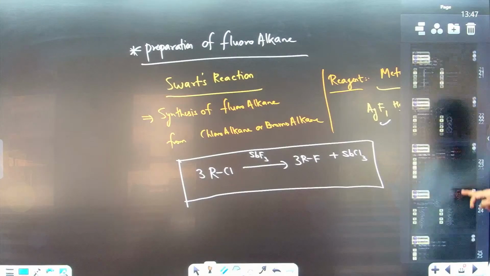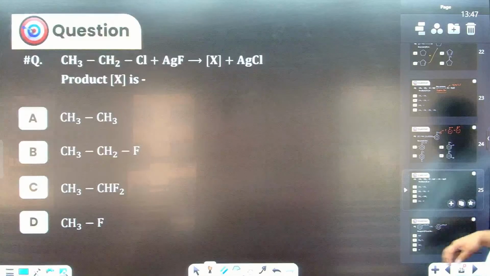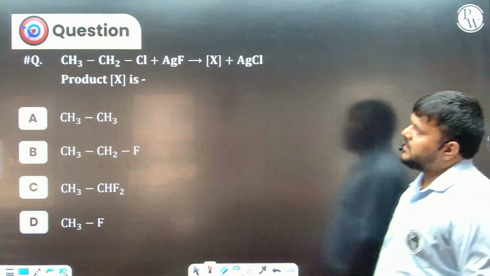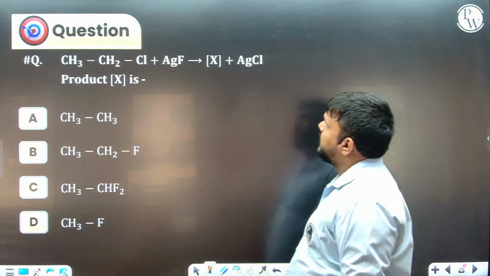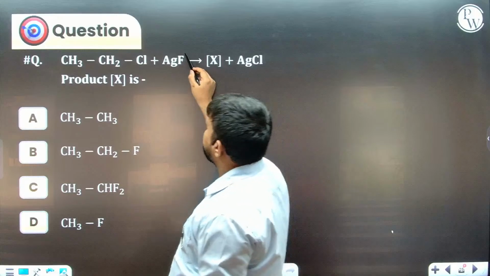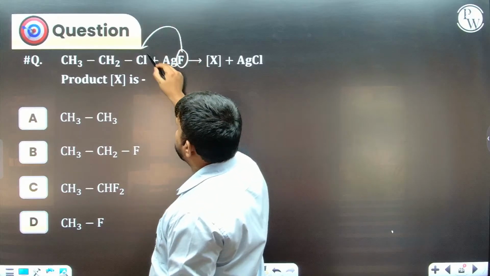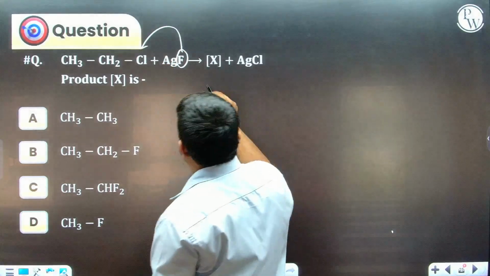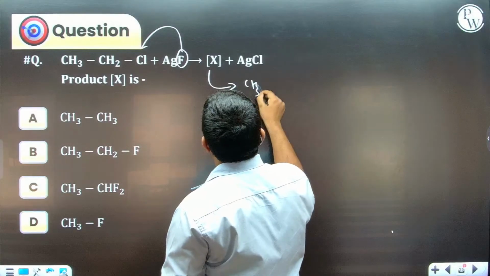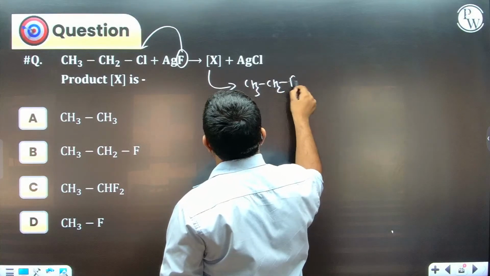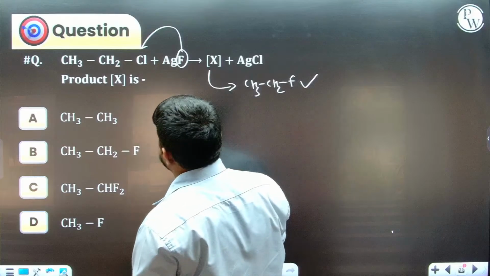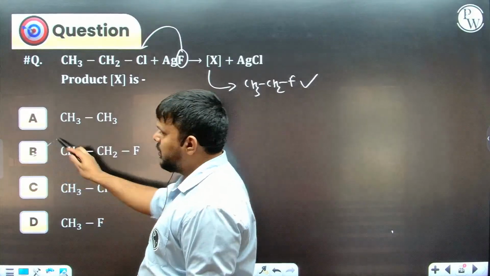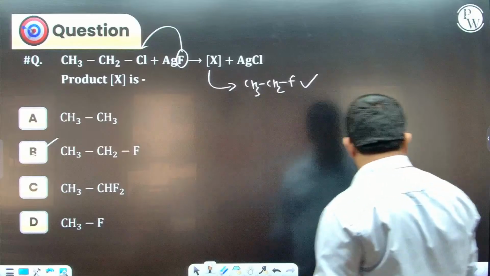So let us see the questions. They are having CH3CH2Cl plus AgF giving this. So definitely what has happened? This fluorine will substitute the chlorine and you will get CH3CH2F as the product, and this is nothing but the Swarts reaction. So B option will be the answer.